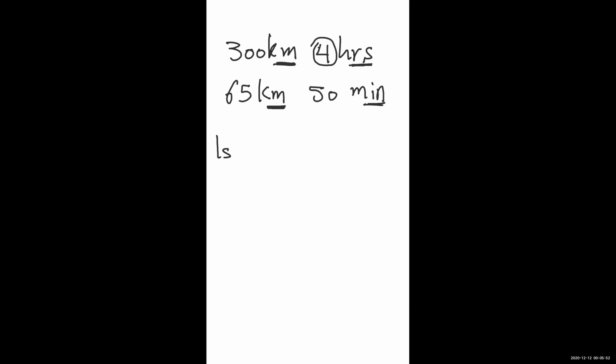So the rate for the first car will equal 300 kilometers over 4 times 60 to convert it into minutes, right?